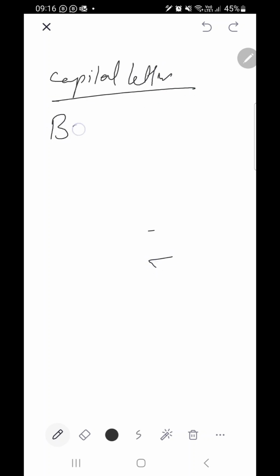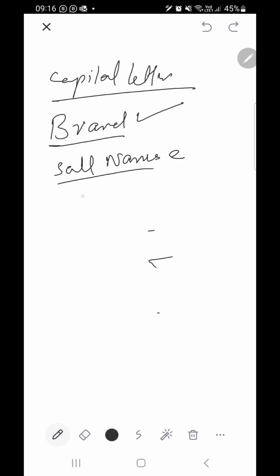Now, rules of capitalization. Which do we use? If we have the brand name for medicine, we use a capital letter. Number one. Okay. If we have the salt name, we use a small letter, lowercase.